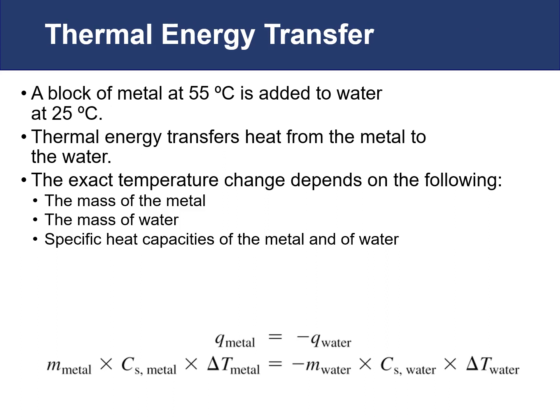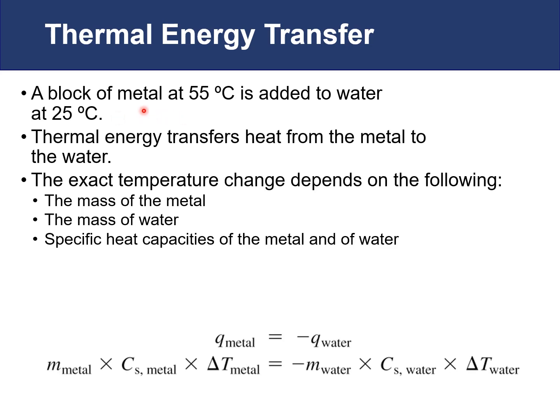What this can do for us is it enables us to monitor the change in temperature of one object and infer the amount of heat that was gained or lost by a different one. So let's say we have a block of metal at 55 degrees Celsius and we add it to water that's at 25 degrees Celsius.